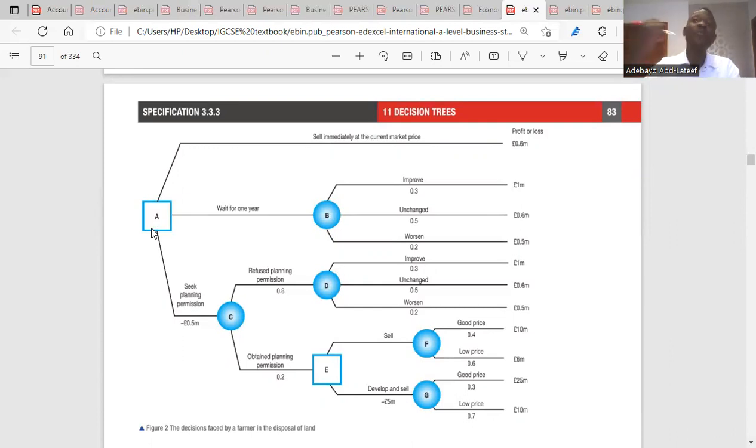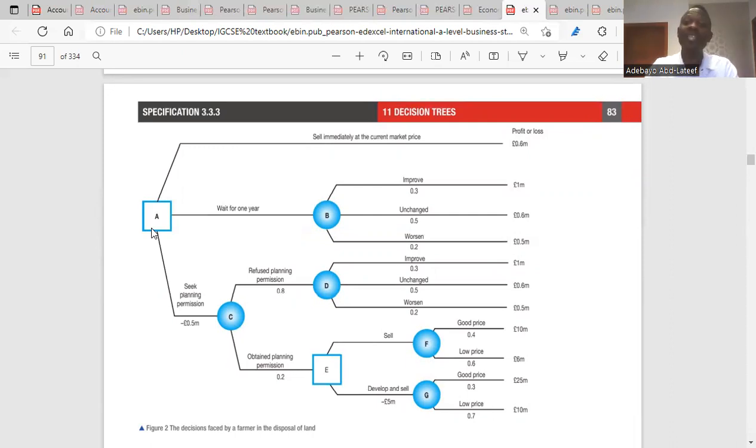But if he has to wait for a year, that is another decision. If he's going to take that decision, there are three situations: improve, unchanged, and worsen. If there's going to be an upturn, an improvement in the land, that means if he waits for a year before he sells, there could be an improvement on that land, which means he will be able to sell for 1 million pounds.